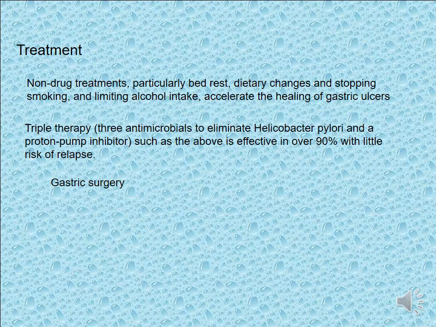We give certain drugs, such as a proton pump inhibitor, to the patient for healing of peptic ulcer. If medical treatment does not succeed, gastric surgery, hemigastrectomy and or duodenectomy, is done for the patient.